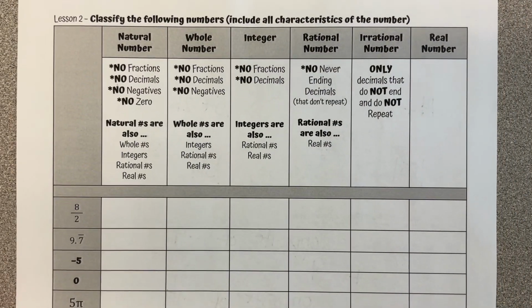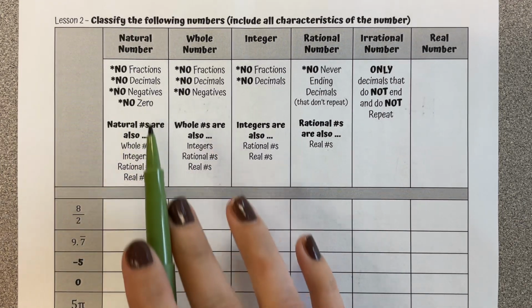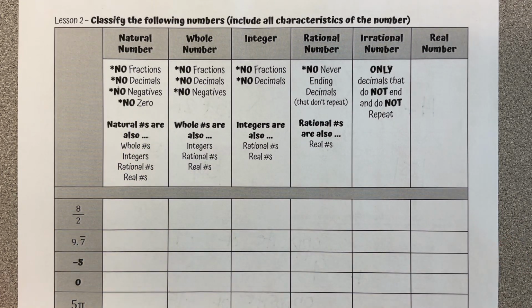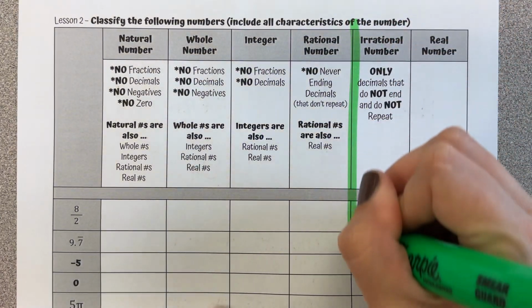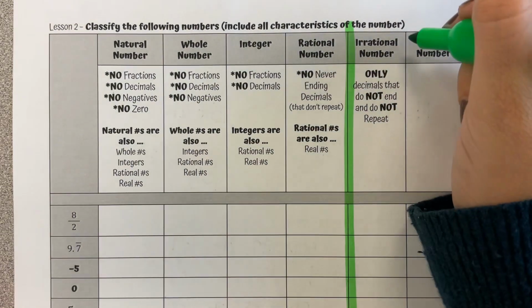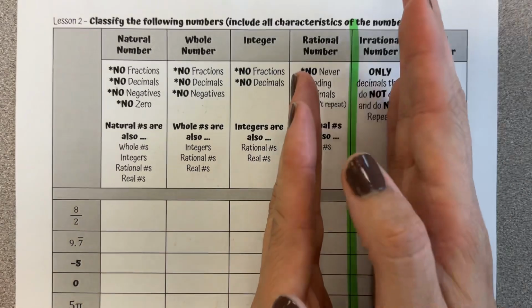And then the last part here, this tends to be the tricky part, classifying numbers. So we try to break down the table a little bit more for you so you can look at what is important. What I like to do is draw a little divider right here, because it's either rational or irrational.